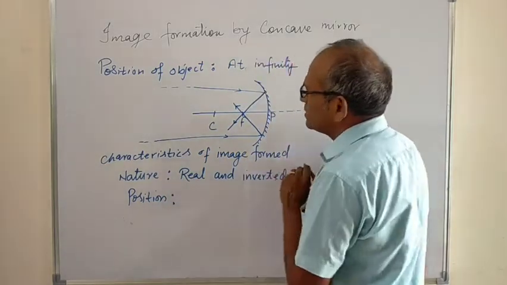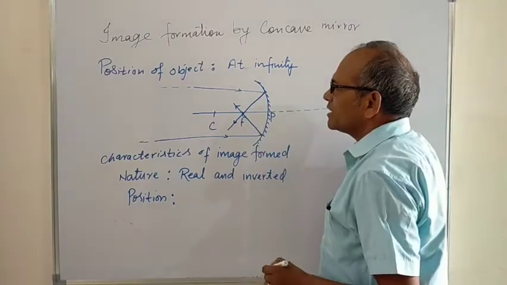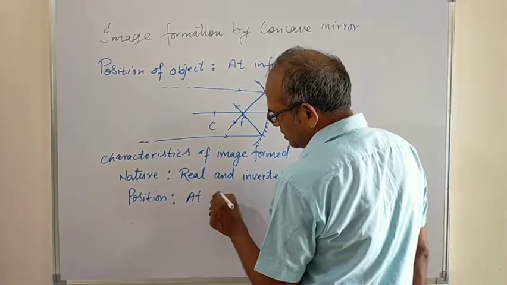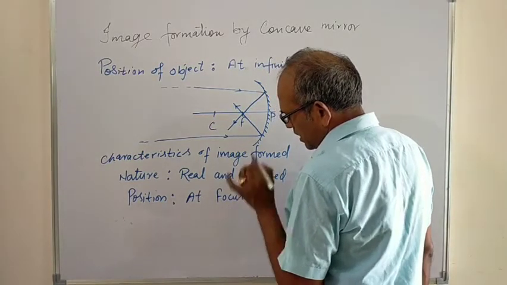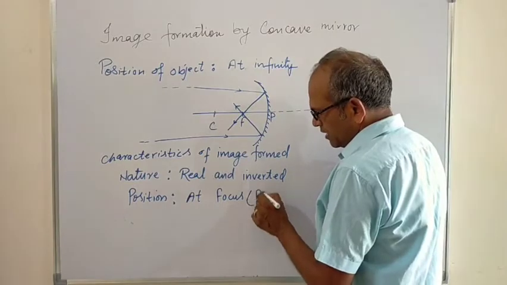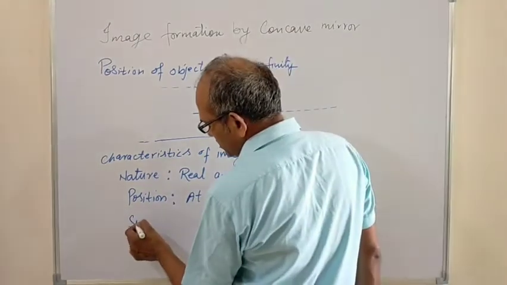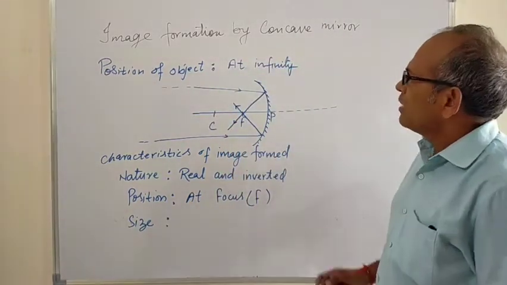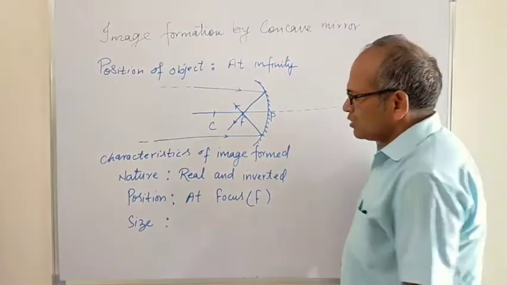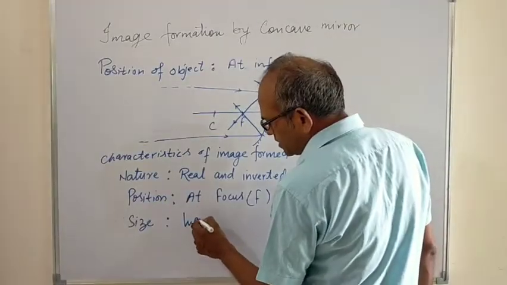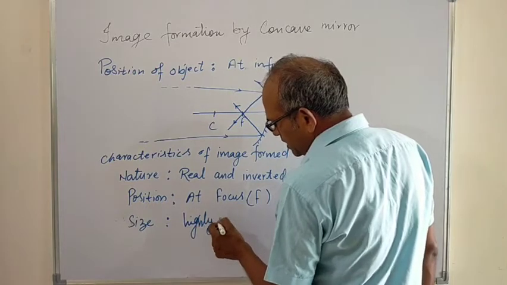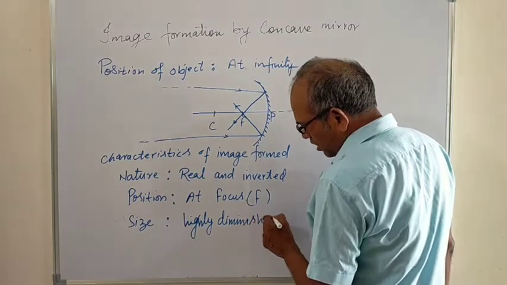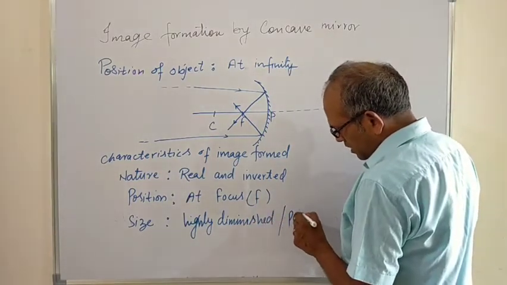From here you can see that they are cutting at the focus, so the position is at focus F. And then size. You can see that the size of the image is very small, which means it is point sized. So the size is highly diminished. You can write highly diminished image or point sized image.